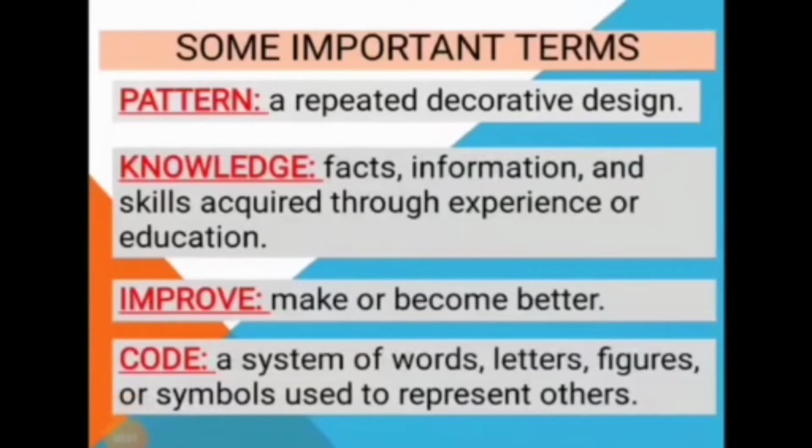There are some important terms of this lesson. First is pattern, a repeated decorative design. Knowledge, facts, information, and skills acquired through experience or education. Next one, improve, make or become better. Next is code, a system of words, letters, figures, or symbols used to represent others.